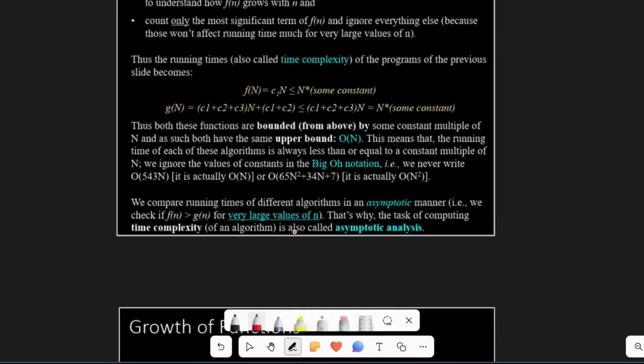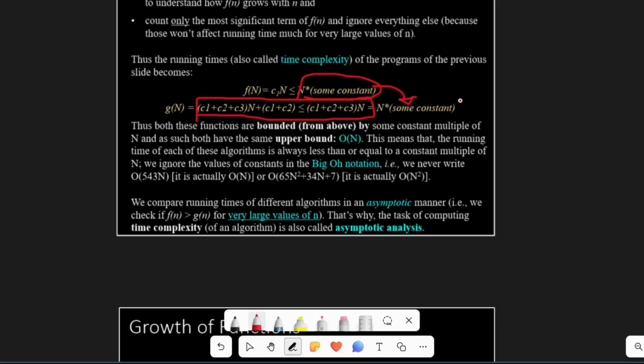So let's say f(n) is a function and c into n is less than or equal to n into some constant. So this is our function. From this function we write the big O here, because in time complexity you always take the worst case.